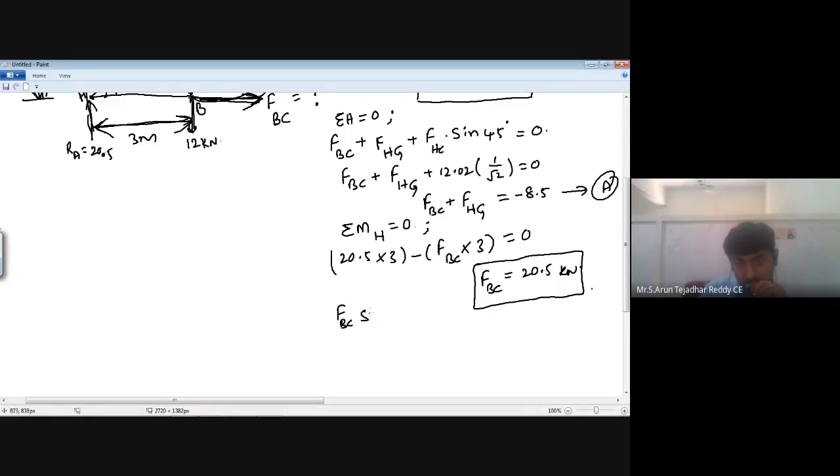FBC substitute in equation A. Then we will get FHG value. 20.5 plus FHG is equal to minus 8.5. Here FHG is equal to minus 29 kilonewton.